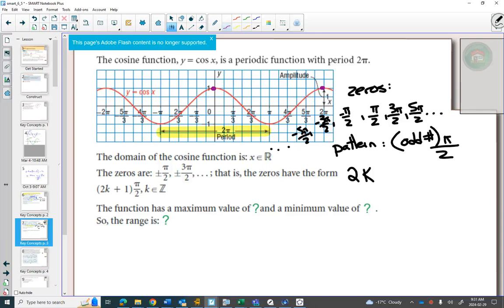We could either subtract 1 or add 1. Doesn't matter. 2k plus 1 guarantees that it's odd, times pi over 2, where k is an integer. This is method 1 for writing all of the zeros of cosine.